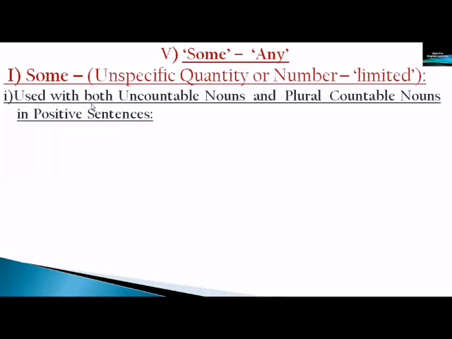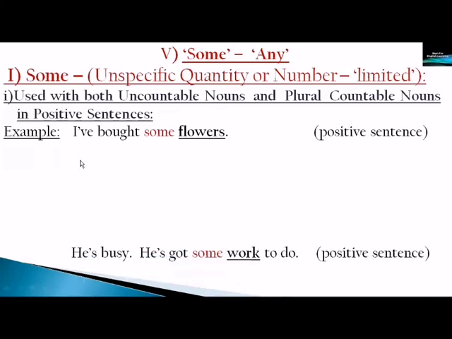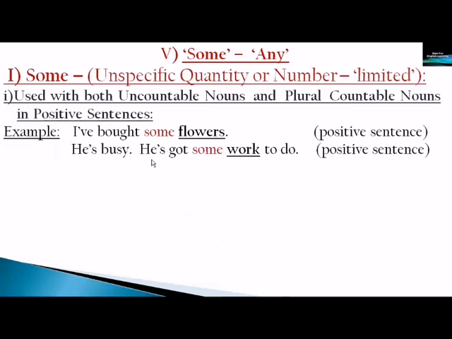Some is used with both uncountable nouns and plural countable nouns in positive sentences. Example, I bought some flowers. This is a positive sentence. Flowers is a plural countable noun. He's busy. He's got some work to do.